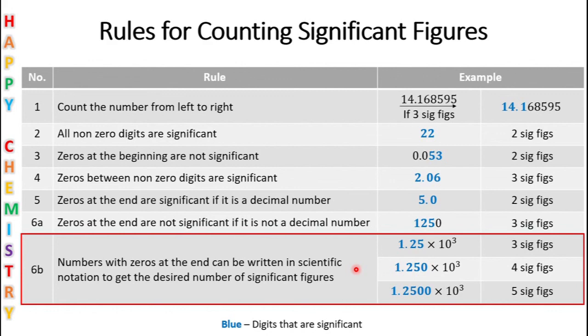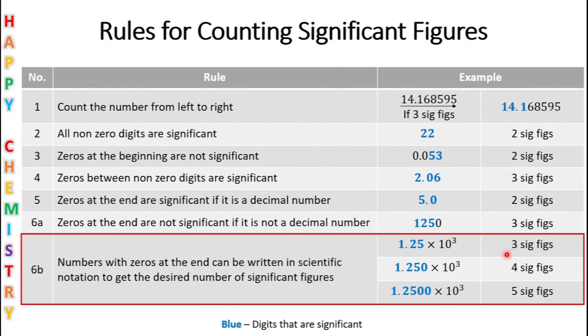We will take the same example. 1250. When written in scientific notation, it is 1.25 times 10 to the power 3. Now, this is a decimal number. Start counting from left. 1, 2, 3. 3 significant figures.